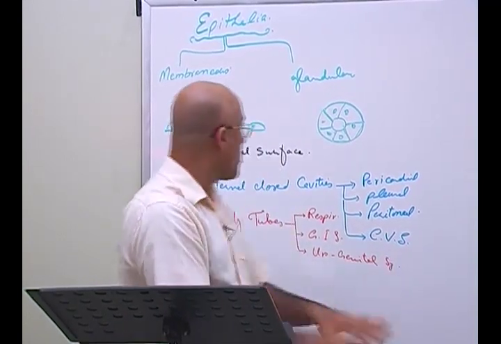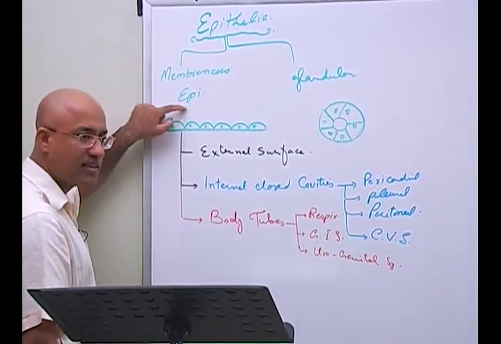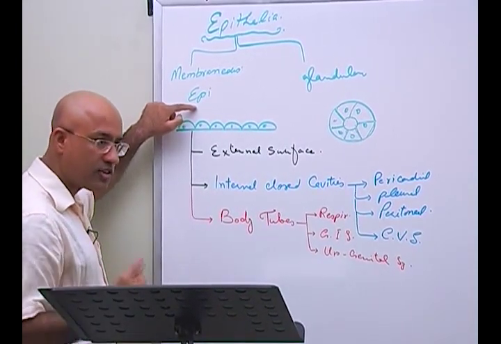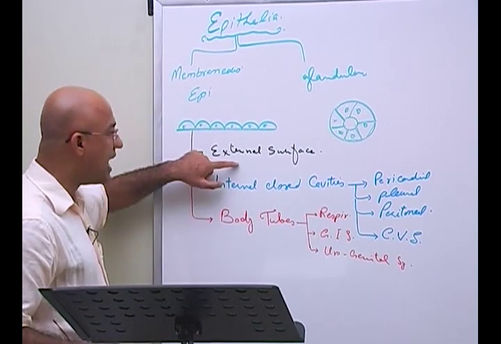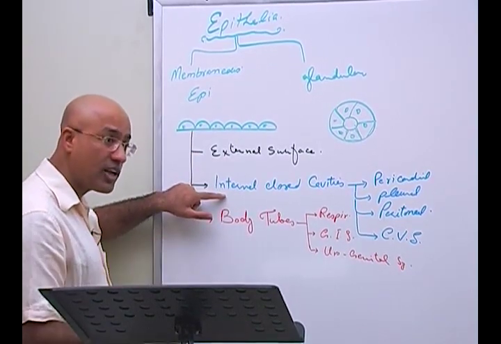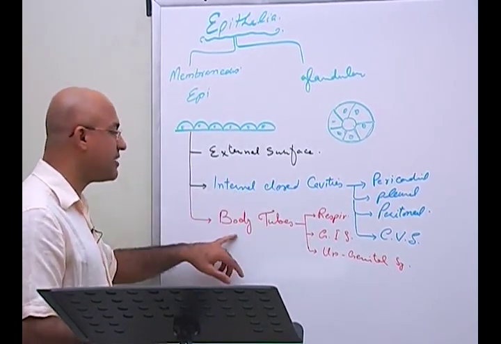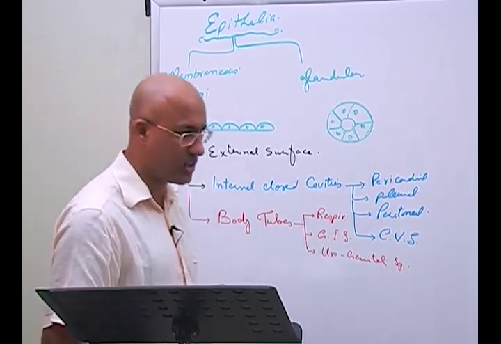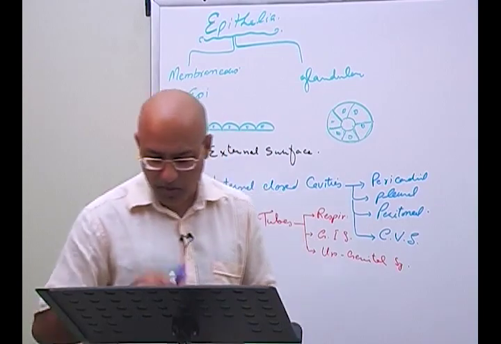Is that right? When it is arranged as membranes, then it is lining the external body surface, as well as the internal cavities of the body, as well as the tubes in the body which are communicating with the exterior. Is that right? So this is about the basics.